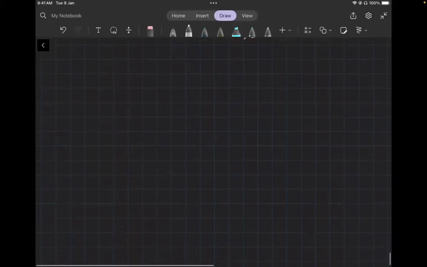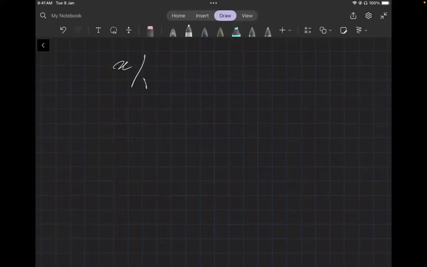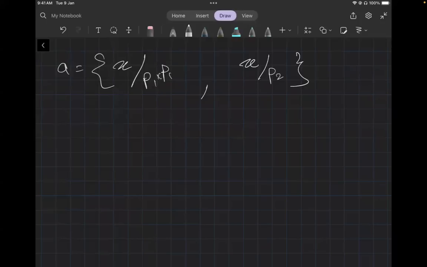It has to be either x divided by p1 into p1, where p1 is the smallest prime in x, or x divided by p2, where p2 is the second smallest prime in x. Is this much clear, guys? a can be one of these two. And b has to be x divided by p1. This is for sure.